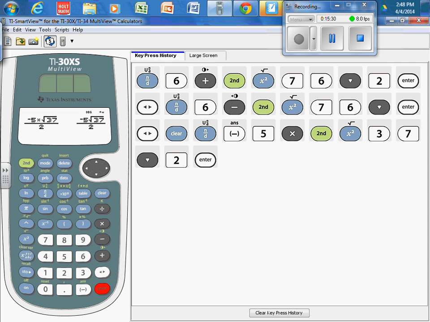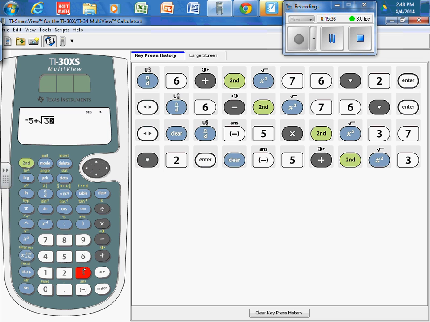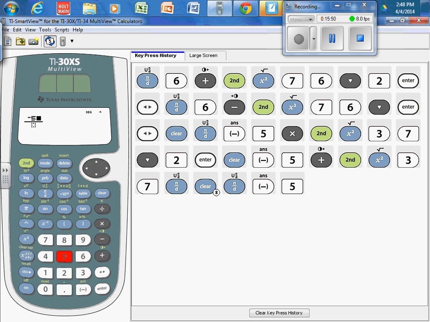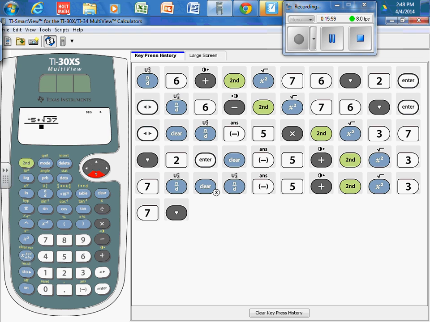Let's try that again. Okay, here we go. Fraction bar, negative 5 plus radical 37, denominator 2, equals. There we go. So there's our simplified form. Leave it the way you had it, but we have to change this to a decimal, and we get 0.5.